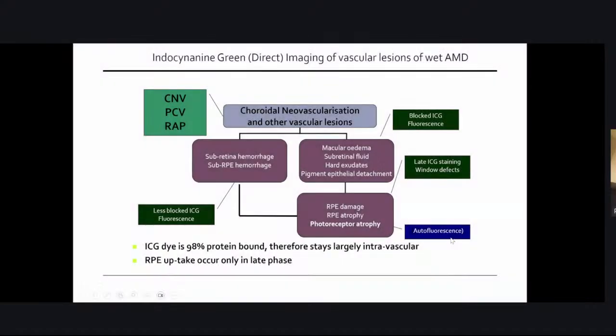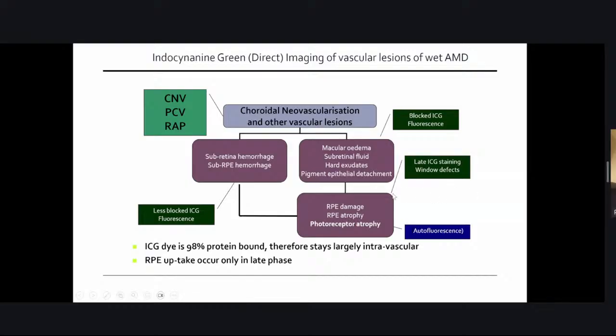Now, what about ICG angiogram? Now, ICG is 98% protein bound, therefore it stays intravascular a lot longer. And because of that, it is very good for outlining the vasculature of the choroidal circulation.